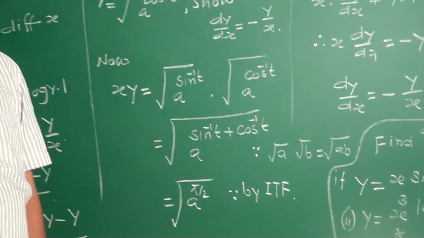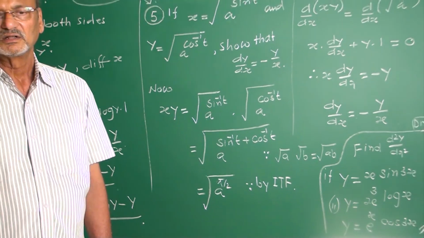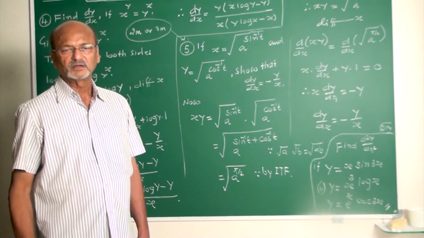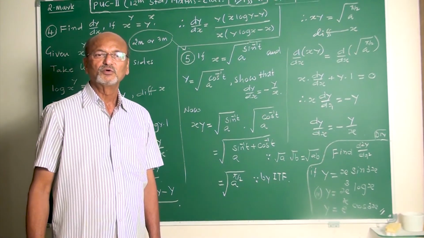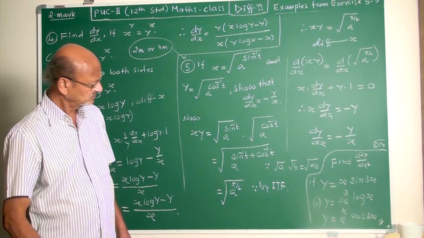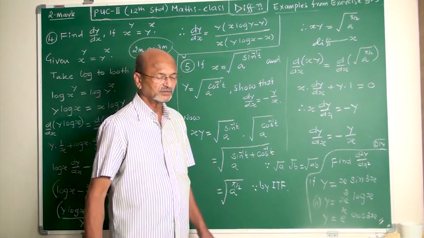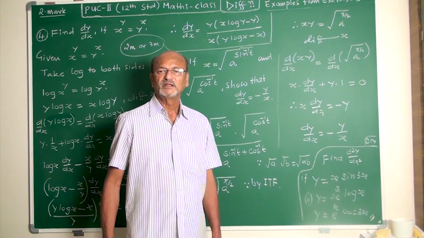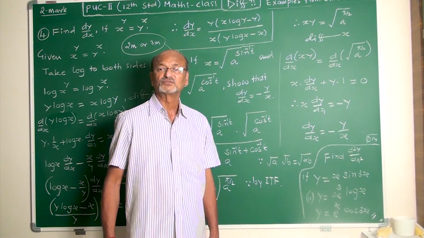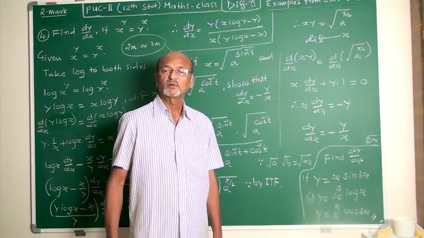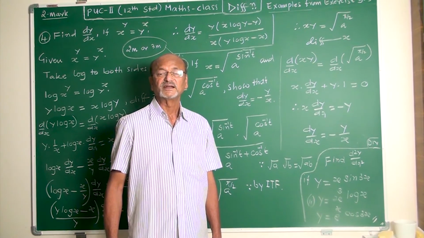Under 2-mark questions, we have done logarithmic differentiation. Sometimes they may go with examples done under inverse trigonometric functions. That is, find dy by dx if y equals sine inverse 2x upon 1 plus x square. Put x equal to tan theta.